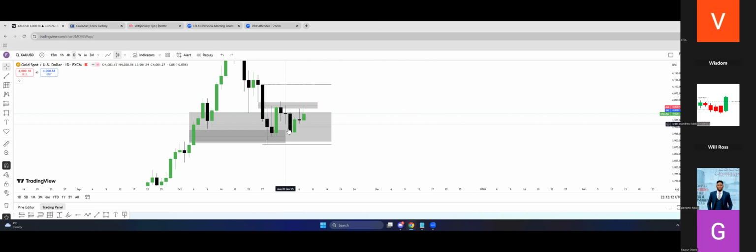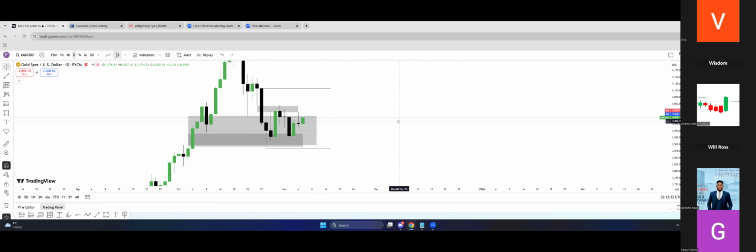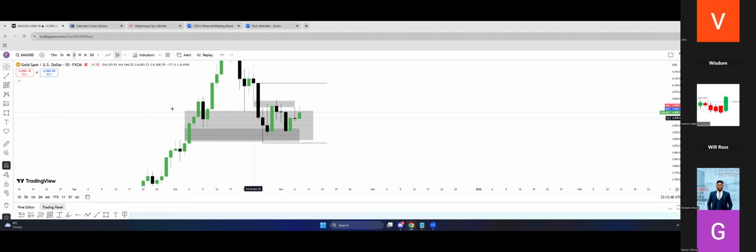We took out this low, then price now started to move higher. Again, we are still accumulating within this whole area. Bigger time frame inefficiency, daily inefficiency, and daily inefficiency. So right now, price is just what? Balanced. We are not aggressively moving to the upside or downside, so we don't have much talk around this area.